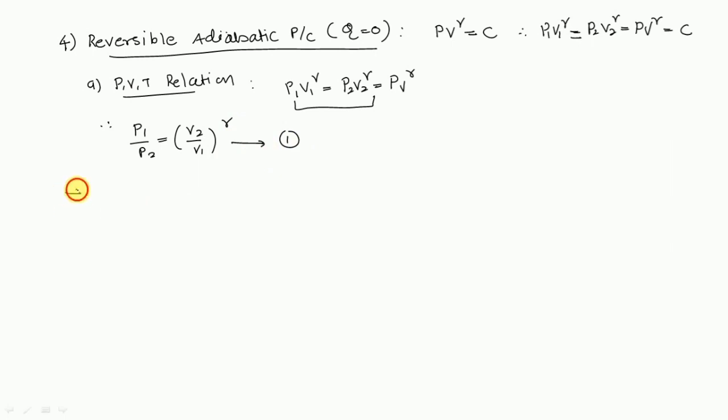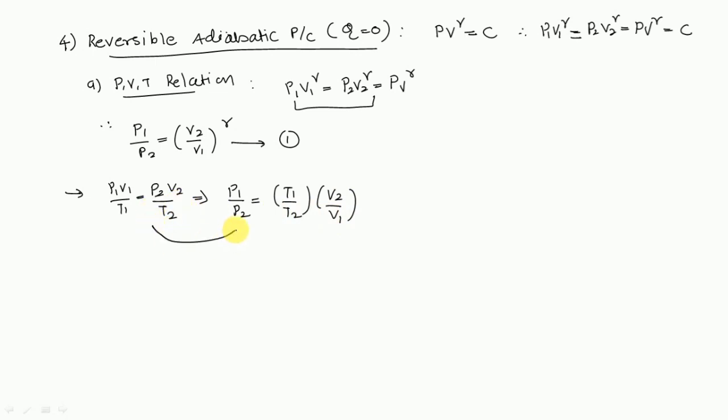Now we have the gas characteristic equation: P1 V1 upon T1 is equal to P2 V2 upon T2. From this relation we can write P1 by P2 is equal to T1 by T2 times V2 by V1.